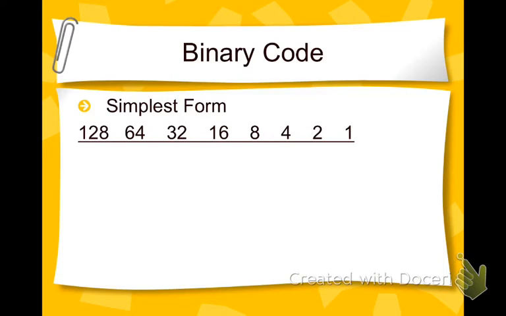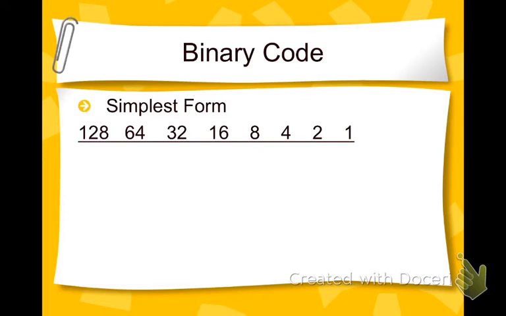The simplest form of binary code is in powers of 2. We're used to the tens power. So if you have 10 tens, that's 100. Well, in binary code, it's 2. So everything is multiplied by 2. If you notice, we start on the right and work left.